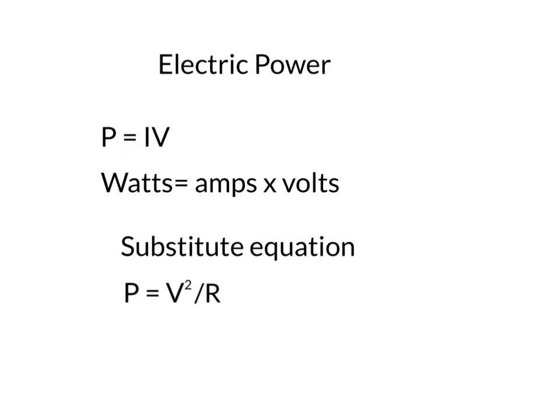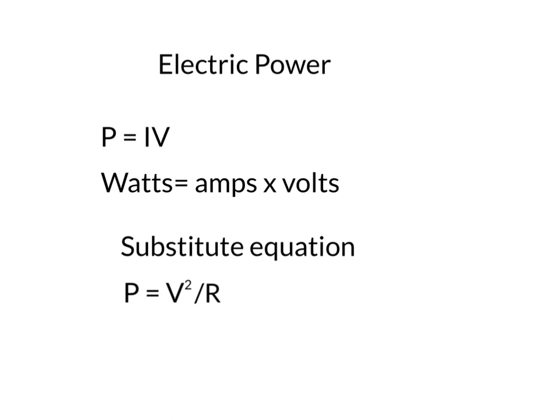If, however, current is not given, we can use a substitute equation where power equals voltage squared divided by resistance. So if we are given voltage and resistance, we can still solve for power. And that's the extent of the problems that you will be running across as you go through your ohms and powers worksheet.